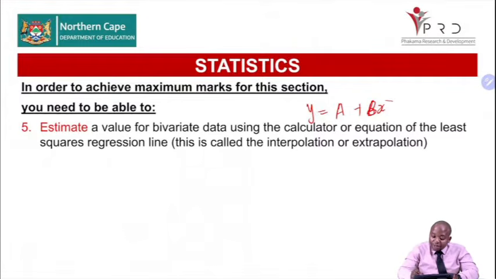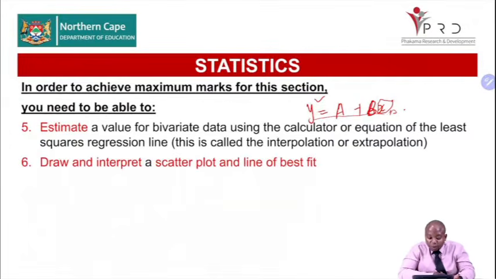You might be given the value of x and must find y, or you might be given the value of y and need to calculate x. We can calculate that using this equation, or we can utilize the stat mode on our calculator to find those values. That is what we focus on: interpolation and extrapolation.